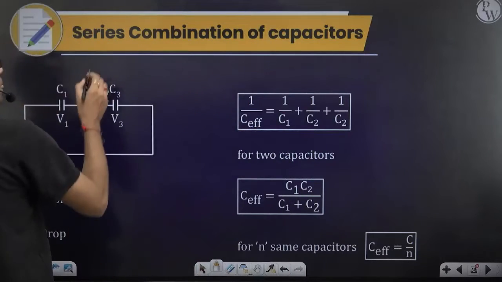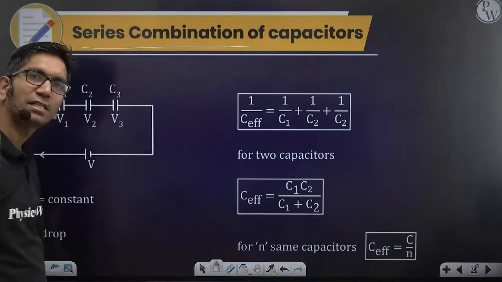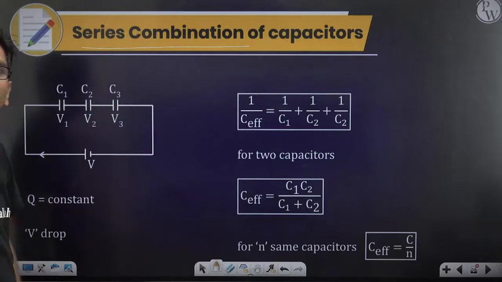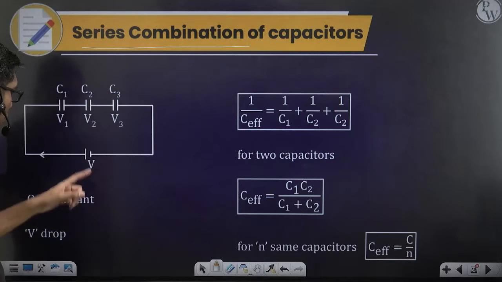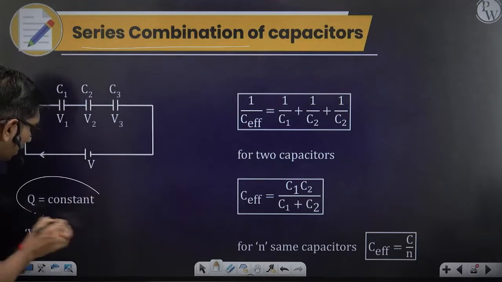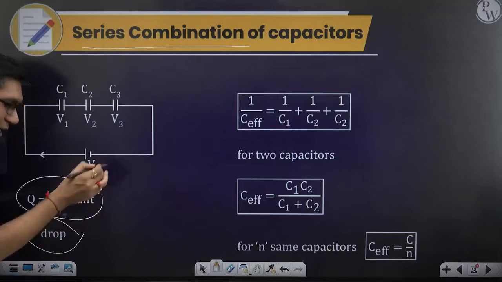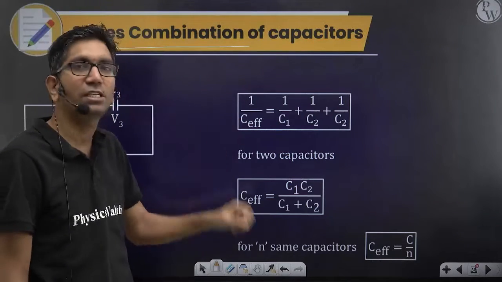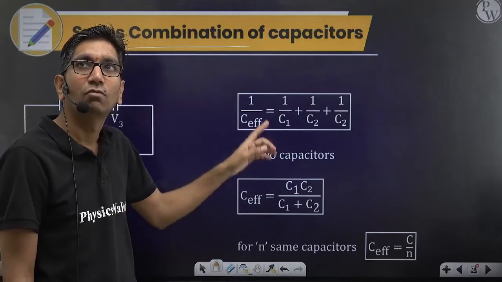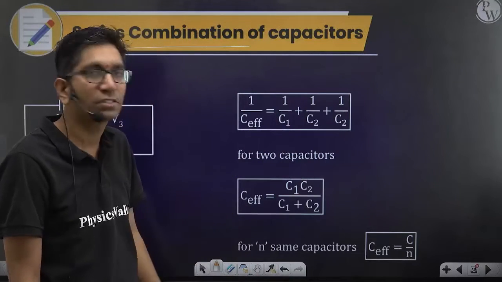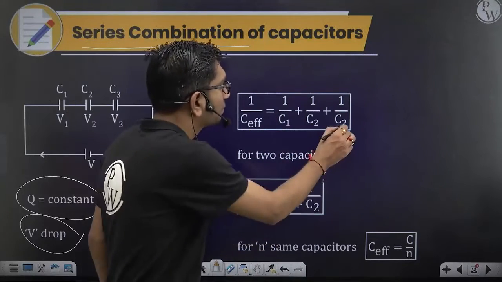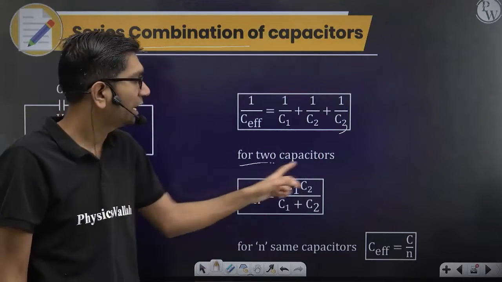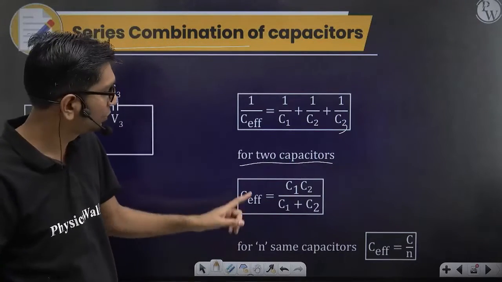Chalo, series combination of capacitors, as everyone knows. This is a series connection. Here are the potential drops, these are the capacitors, this is the potential I have applied. In series connection, charge always remains constant, potential gets dropped, correct? So here effective capacitance: 1 by C effective is equal to 1 by C1 plus 1 by C2 plus 1 by C3, correct? If there are only two capacitors, use this formula, beta.